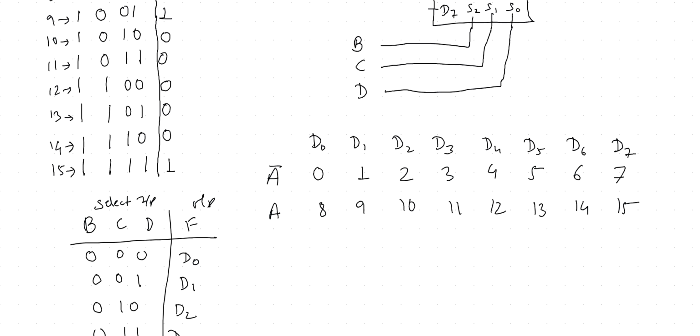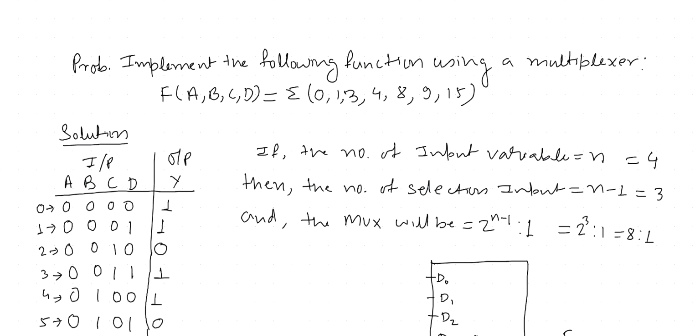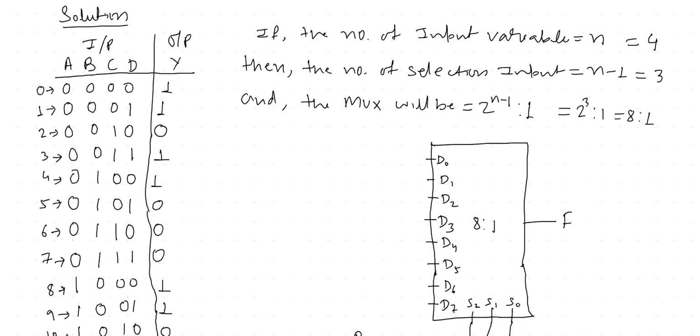Okay. Next process is that whatever the given function, this function is summation, this means at this position it is the min term. Min term means at this position the value is 1. Means at 0, 1, 3, 4 value is 1. Whatever the 1 position, it should be circled.